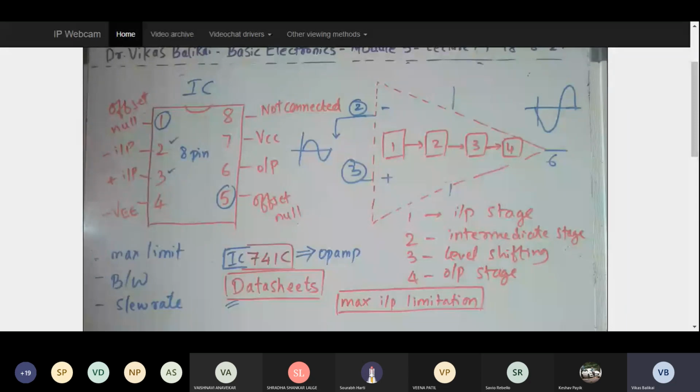But stage 1 is your input stage, and stage number 2 is known as your intermediate stage. There we'll be having the differential amplifier setup. In stage number 3 is where exactly the level shifting operation occurs, and the levels of the input signals will be shifted. And finally, the last stage is your output stage, where you are going to get the output.